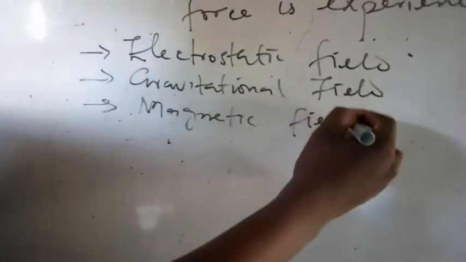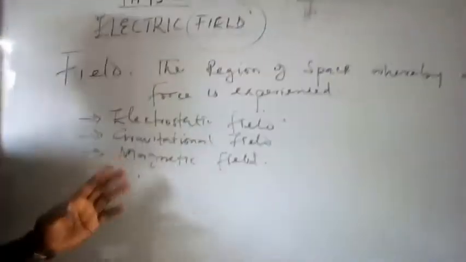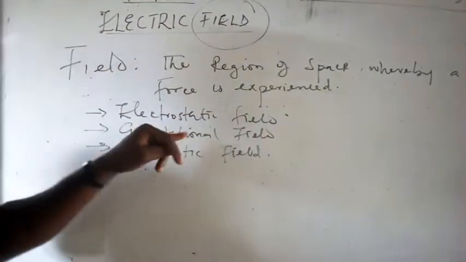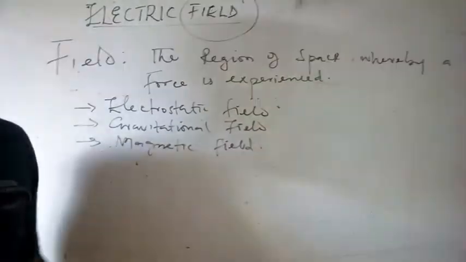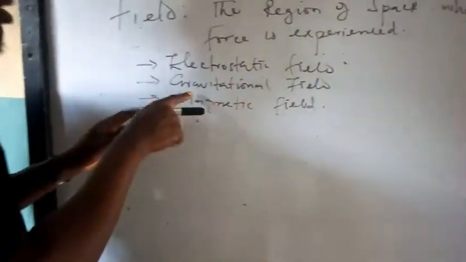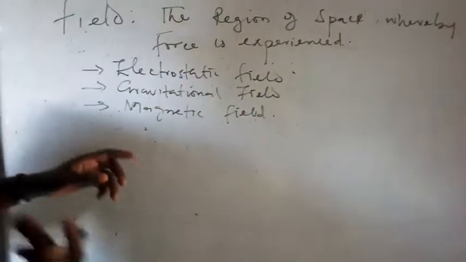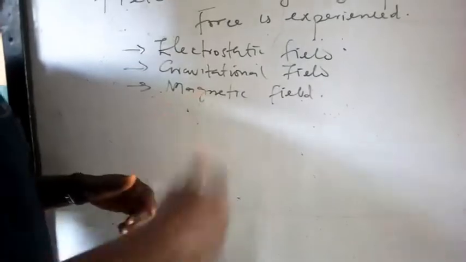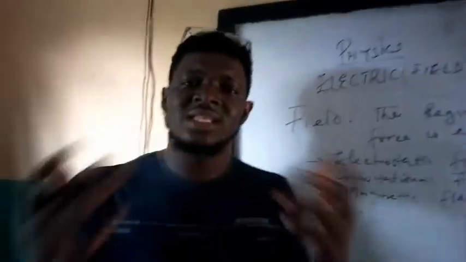It's something that you don't need to cram. So whenever you want to define it, you know that it's a region of space whereby electric force is experienced. It's a region of space whereby gravitational force is experienced. It's a region of space whereby magnetic force is experienced. So it's not something that you should start cramming.